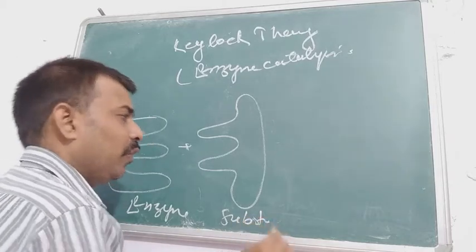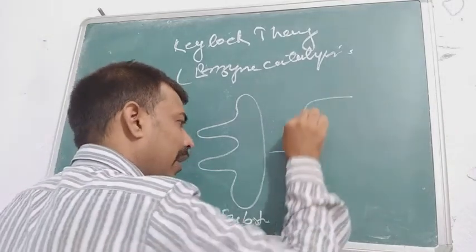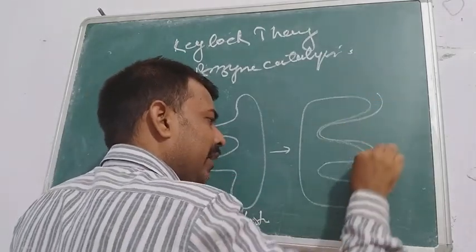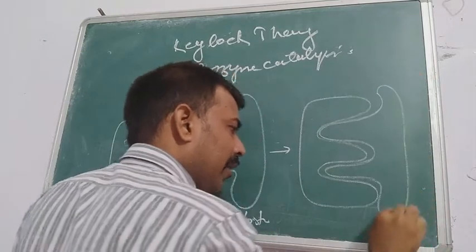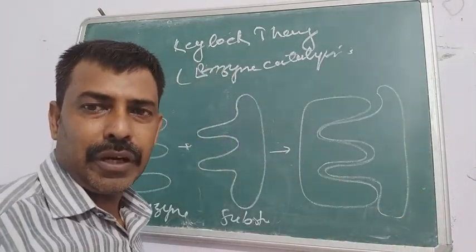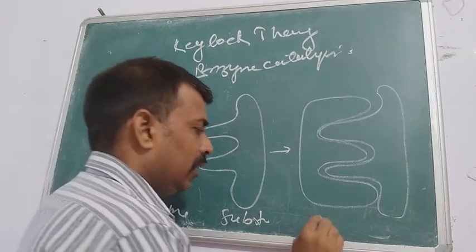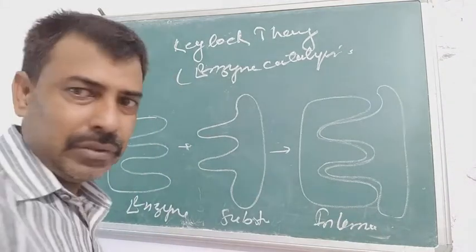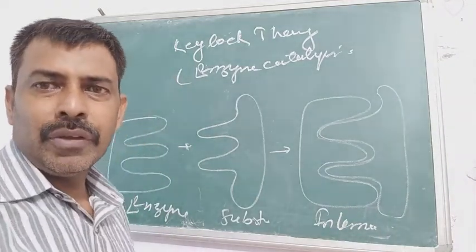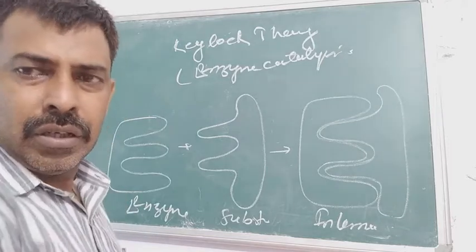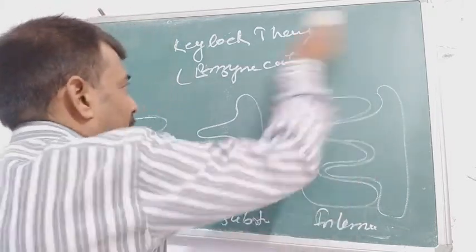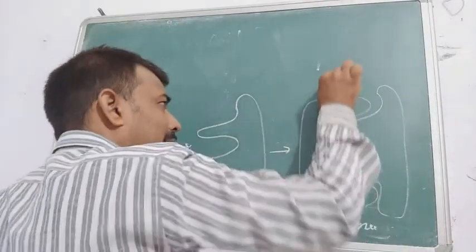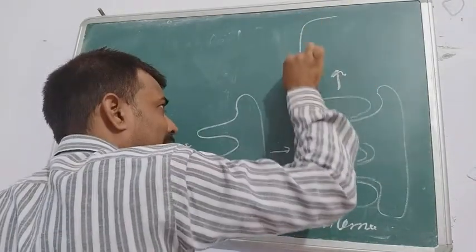When these two combine with each other, they form the enzyme-substrate intermediate, which can also be called the adsorption intermediate. Then this is the intermediate. I have a smaller board, so there is a little lack of space, and I am drawing on the top. When they interact, afterward they will regenerate the enzyme.